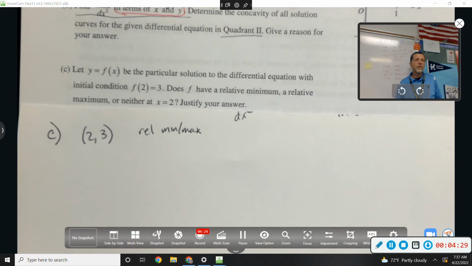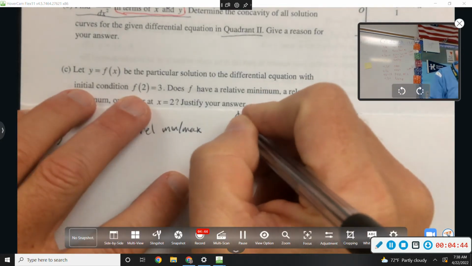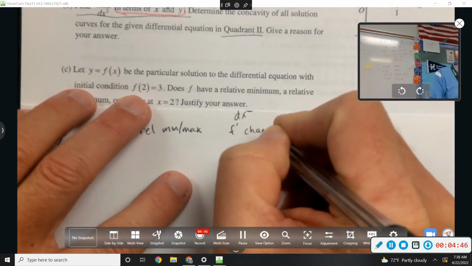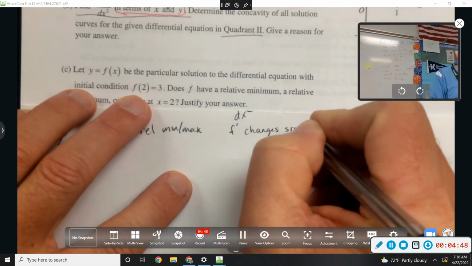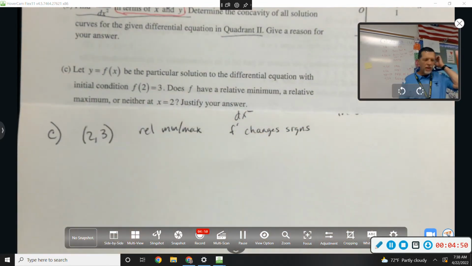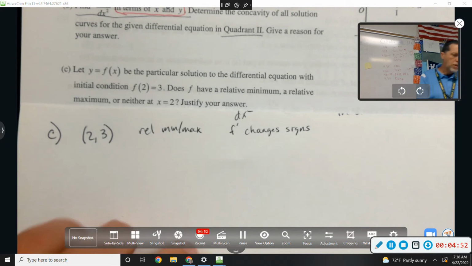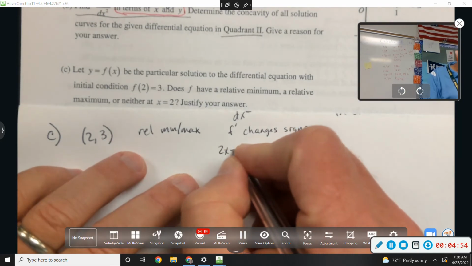What's going on at a relative min or max? Sign change of what? Of f prime. Okay, so f prime changes signs. That's true, but f prime is 2x minus y.